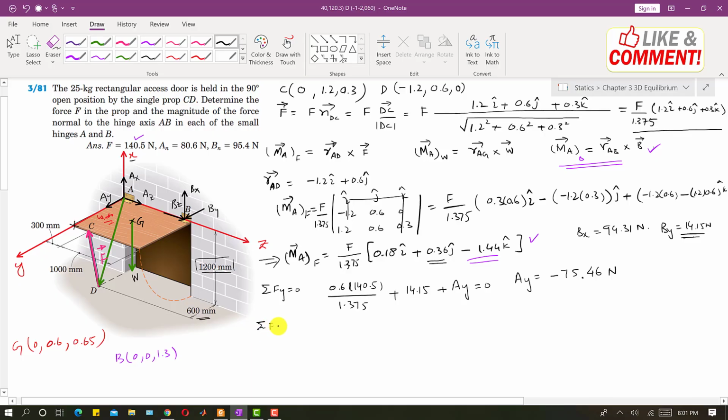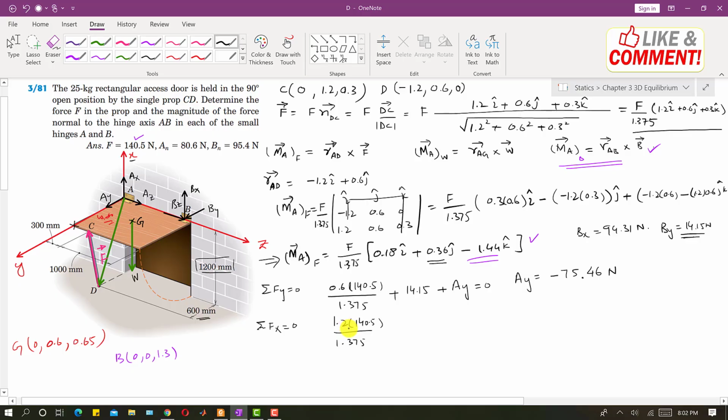Now we will apply the summation of forces along X equals to 0. So we will add up all the components of the forces along X. This force vector has a component in the X direction, so we will write 1.2 into F, where F is 140.5 divided by its magnitude, 1.375.